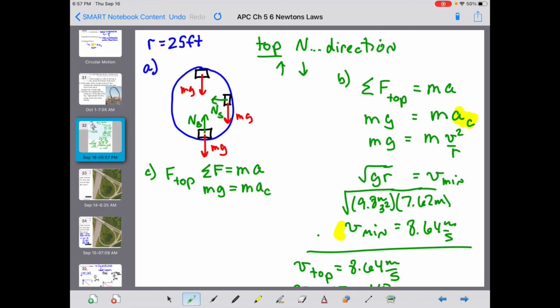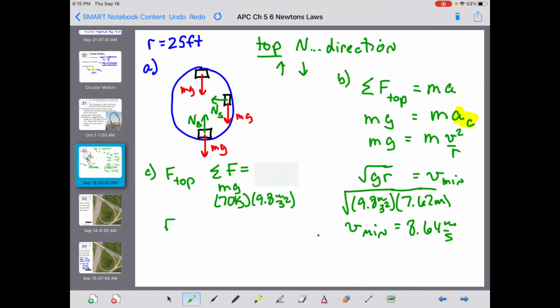These two sides of the equation are equal, so the easiest way to get the value of the net force is probably going to be the mg side, 70 kilograms times 9.8 meters per second squared, and that's going to give you your value at the top.